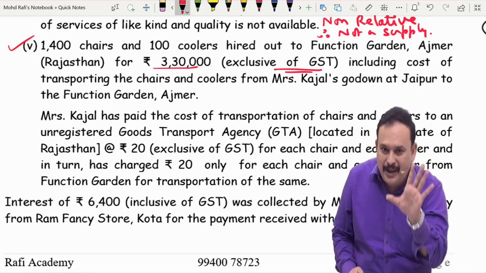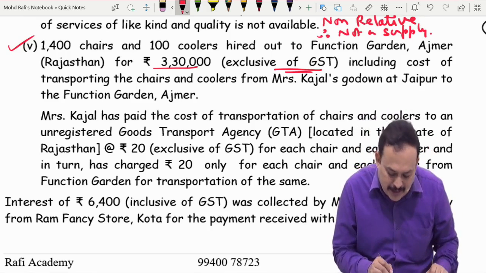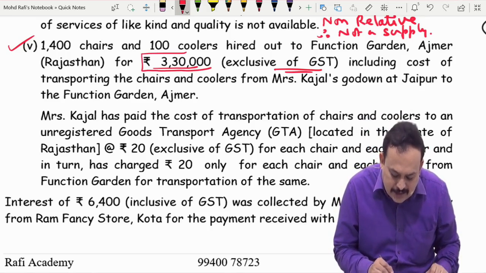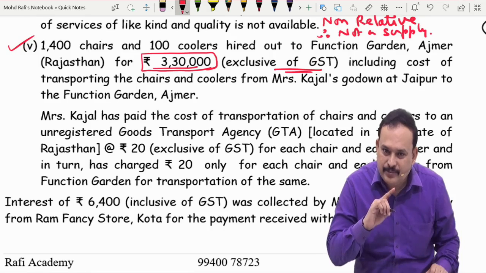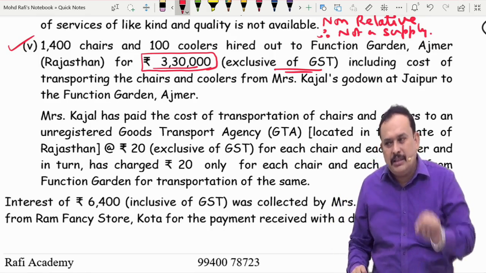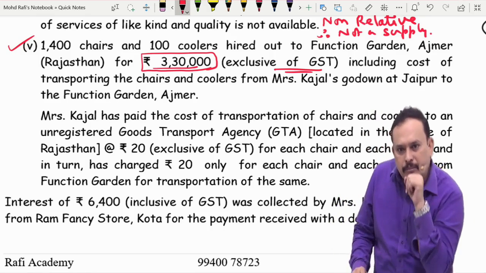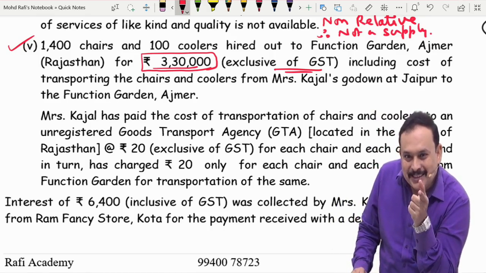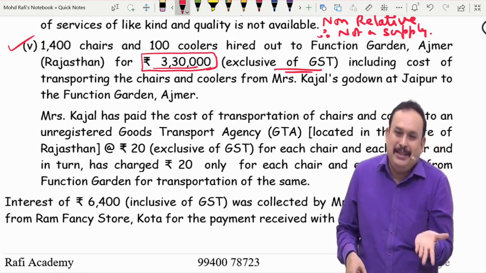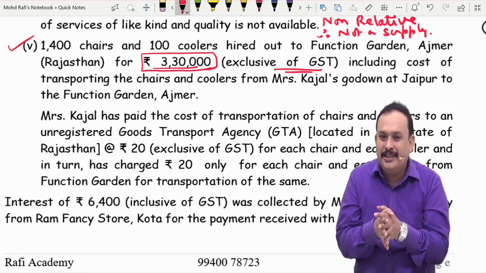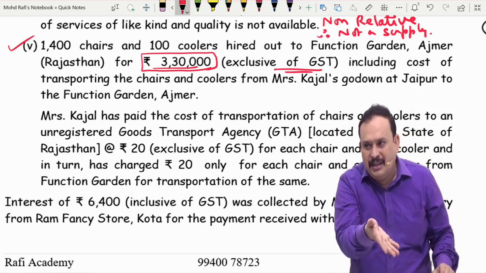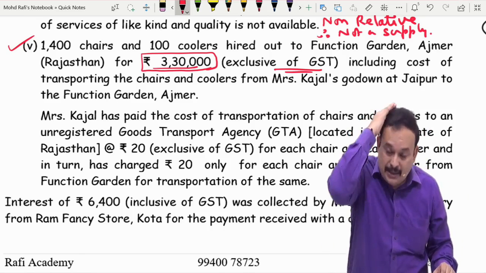So the total value of the supply has two values here. One is called hiring charges. The other one is GTA. Now, is it a composite supply or a mixed supply? Composite supply, because the nature of my business is hiring out chairs and coolers. When the customer comes, how can he carry them? He will carry them on his hand, on his head, or what?